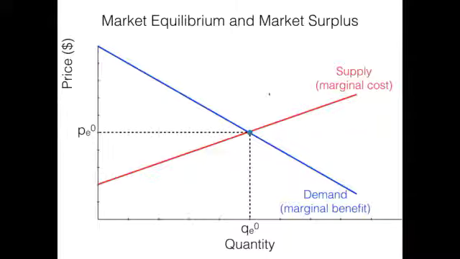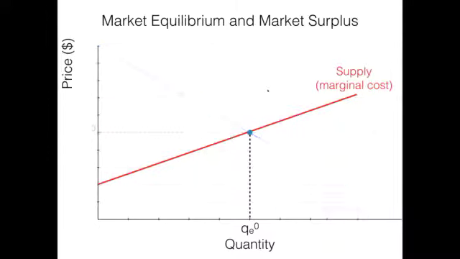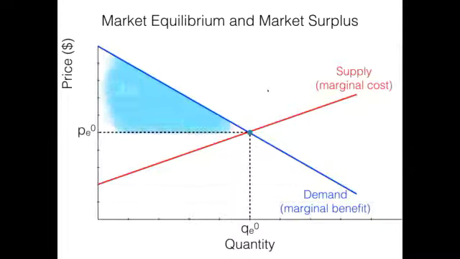To make sure everybody understands, there are two portions of total surplus, referred to here as market surplus. Here we have our demand curve and our supply curve, and as you can notice, we have two different colored areas. We have CS, the consumer surplus, in light blue.